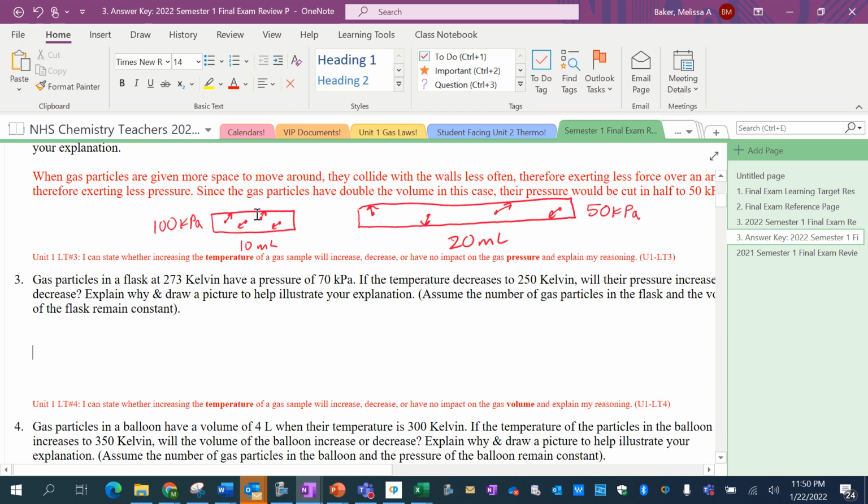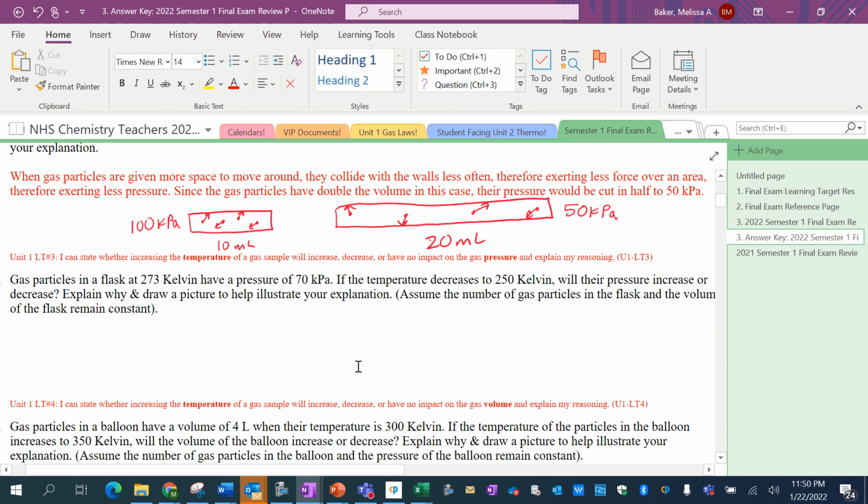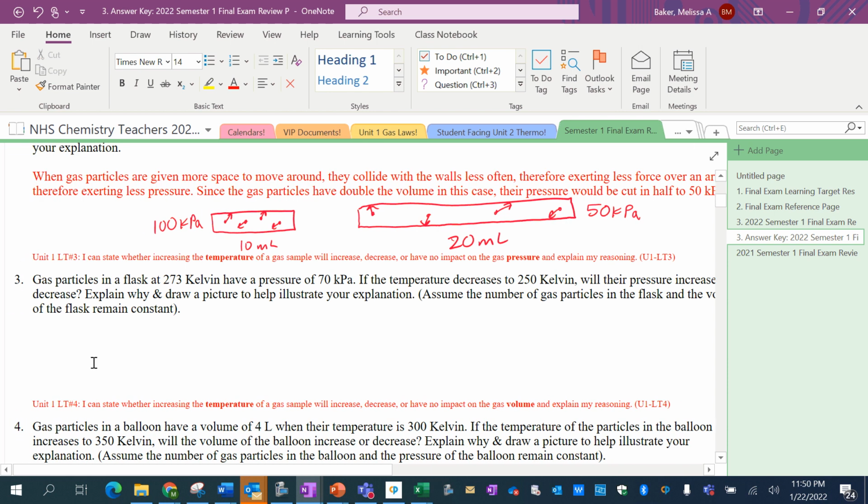Gas particles in a flask at 273 Kelvin have a pressure of 70 kPa. If the temperature decreases to 250 Kelvin, will their pressure increase or decrease? Their pressure will decrease when temperature decreases.